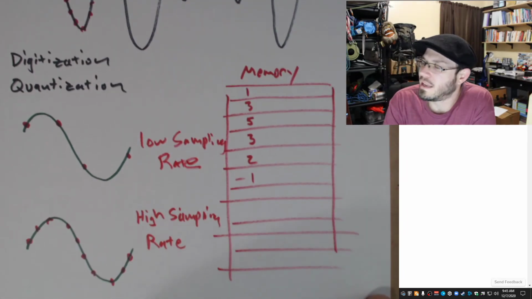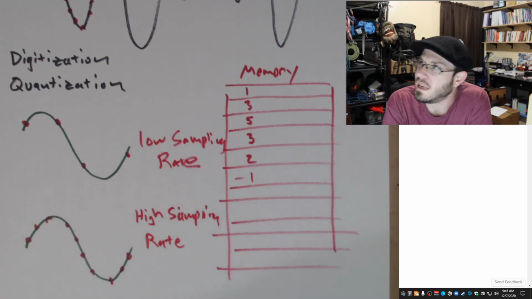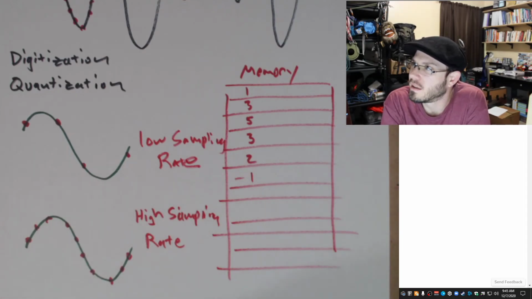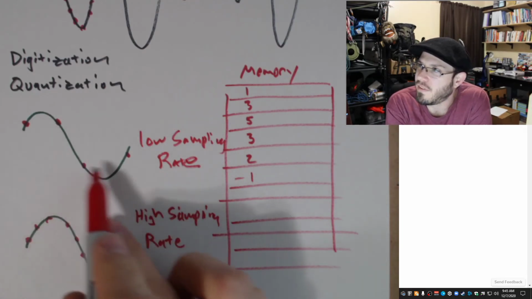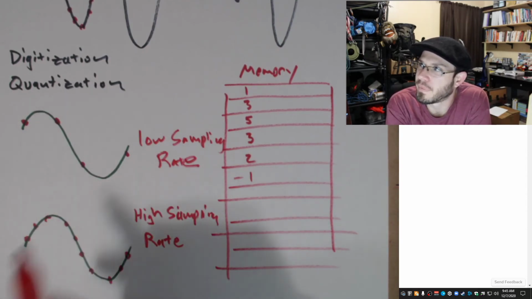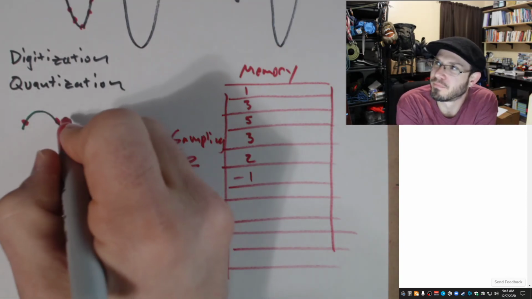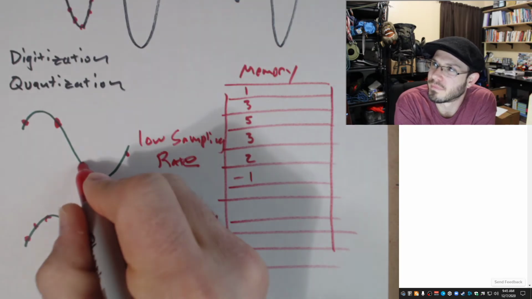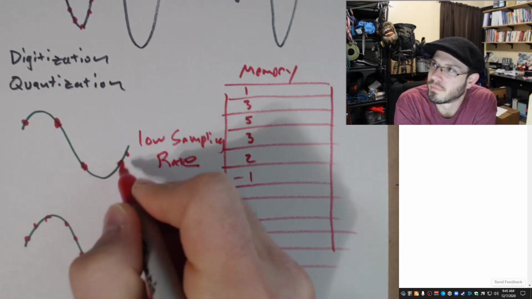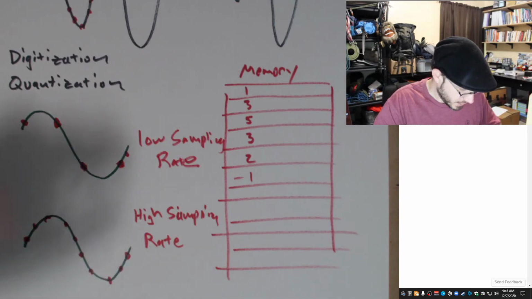Now, the problem is that as far as putting this into memory, if I have too low of a sampling rate, I'm losing this waveform, because look at where I took these samples. If I extend this, let's go with a low sampling rate.